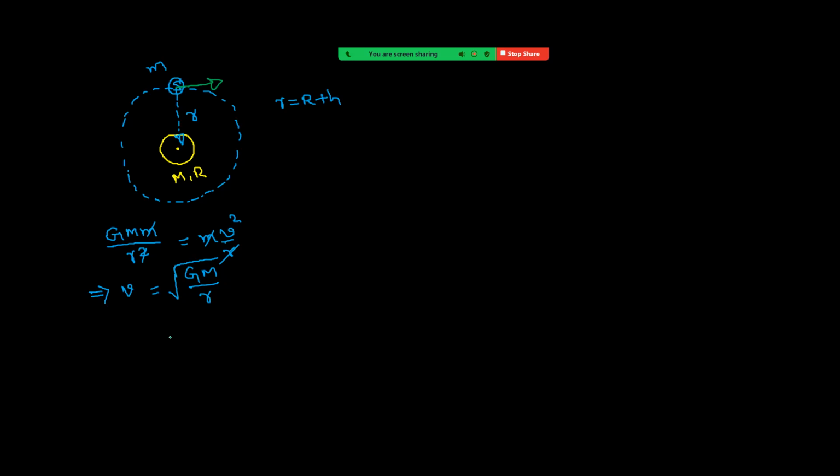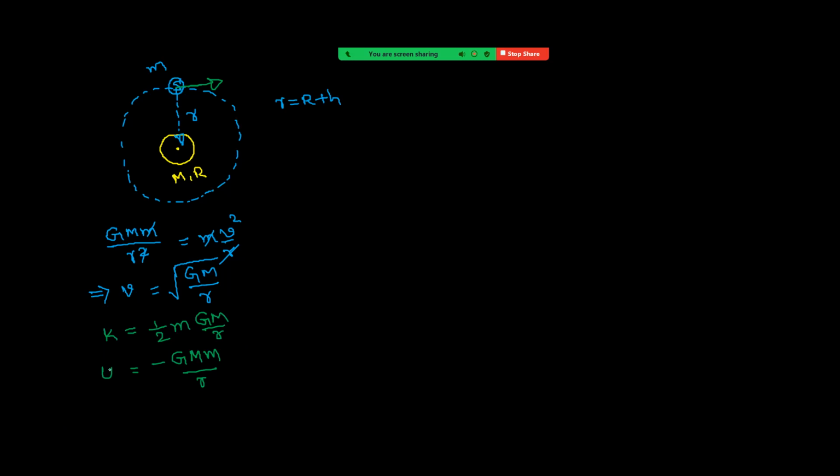Now, since we got velocity, we can find the kinetic energy. In the orbit, kinetic energy equals half m v square, so G M m by 2r. This is the kinetic energy. And potential energy is equal to minus G M m by r.